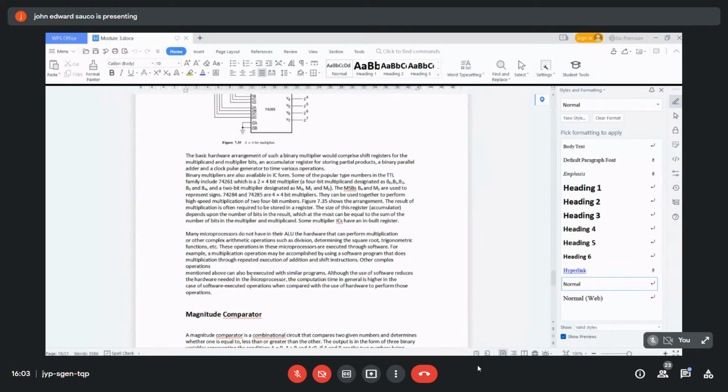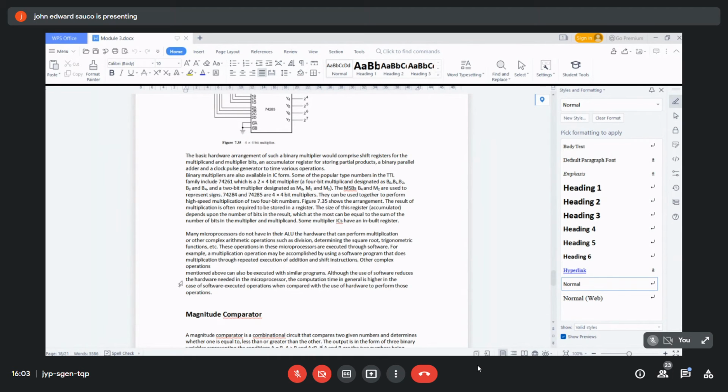For example, a multiplication operation may be accomplished by using a software program that performs multiplication through repeated execution of addition and shift instructions. Other complex operations mentioned above can also be executed with similar programs. So, yung software na yan ay ginagawa lang naman talaga niya yung multiplication is repeated addition.